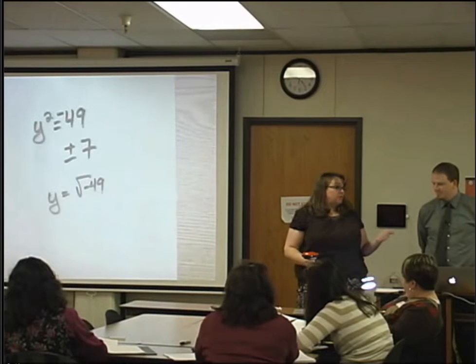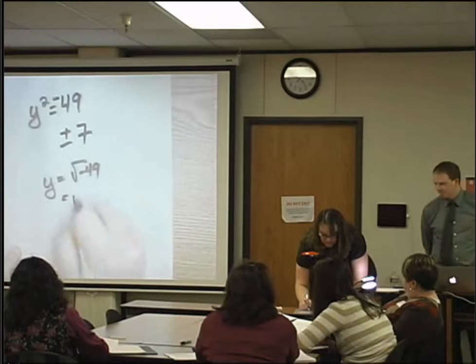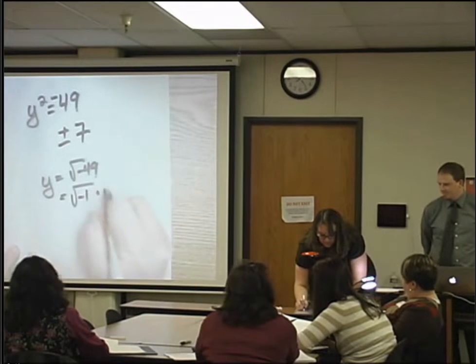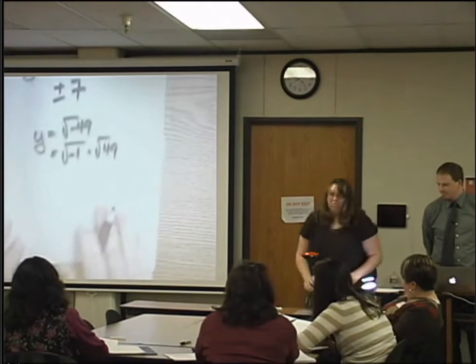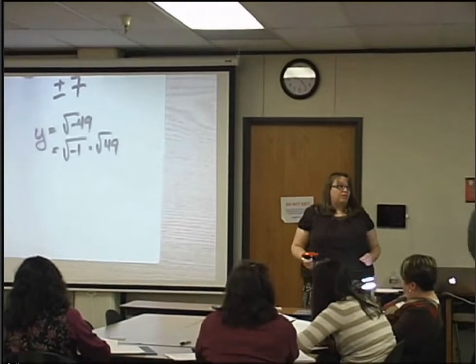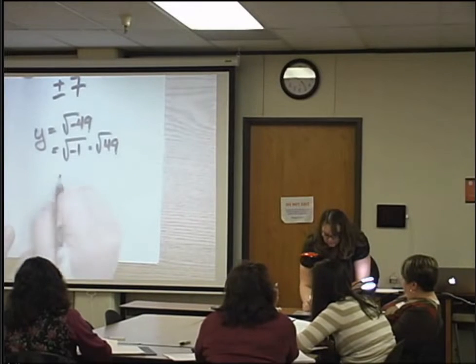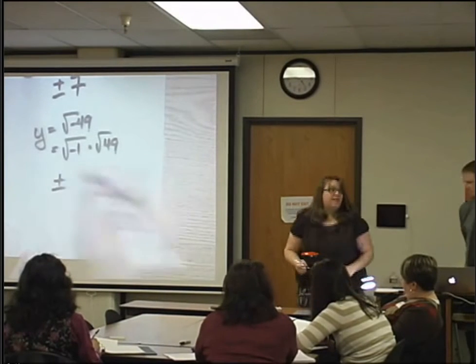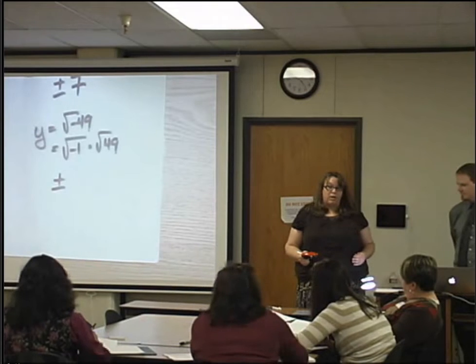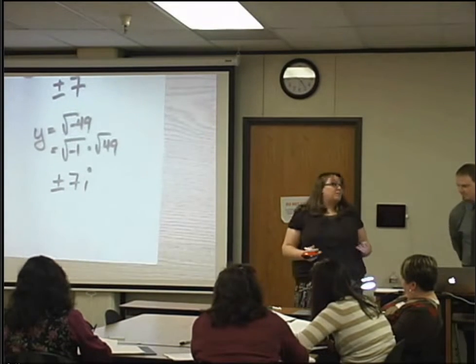This is basically like the square root of negative 1 times the square root of 49. But we just saw the square root of 49 here was both positive and negative 7. And we talked about the definition that the square root of negative 1 is i. So it comes in pairs.